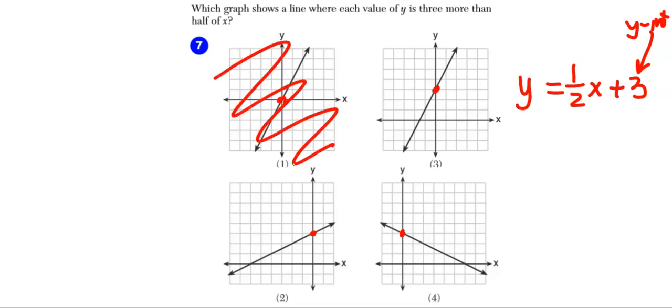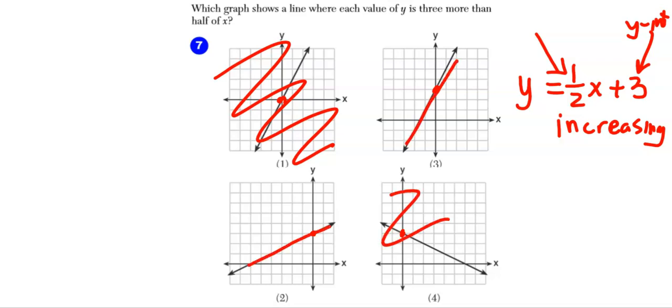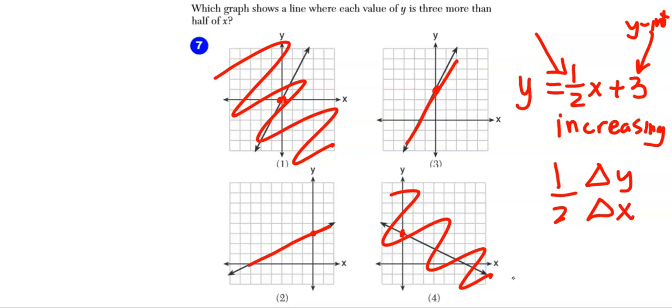So this one's out. It looks like my slope is increasing. So that means my line has to be going uphill, uphill, uphill, downhill. And now I need to make sure that I am increasing on my y-axis and my x-axis the appropriate values.